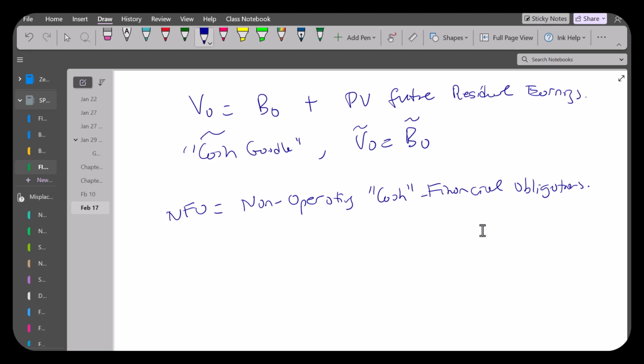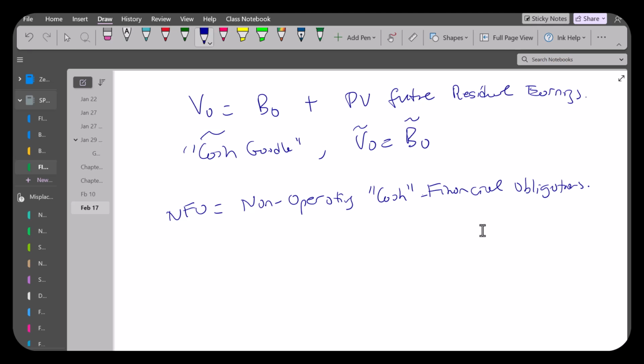And we're going to kind of wave our hands a little bit. You need to do a little bit more work to theoretically justify it, but let's say I have a non-operating Google as a firm. This firm has non-operating cash as assets and all the financial obligations of Google, right?